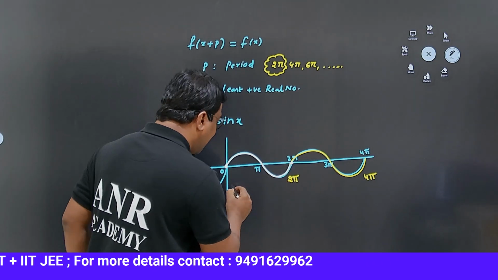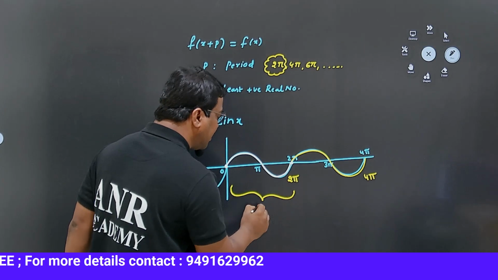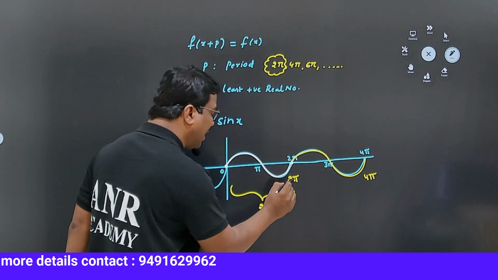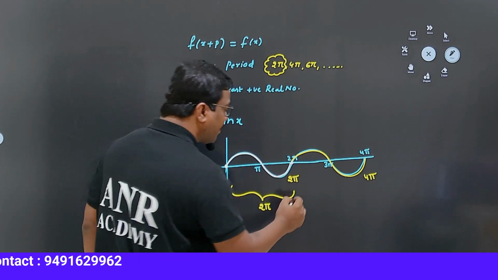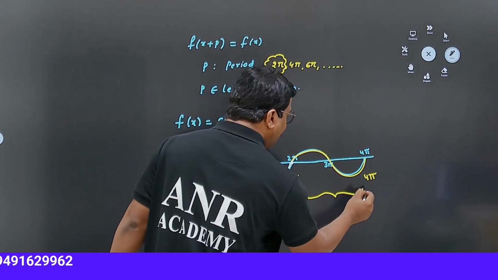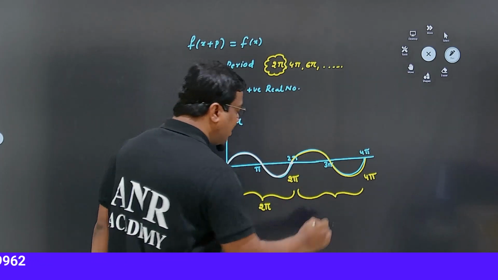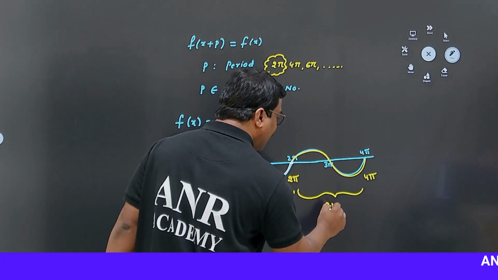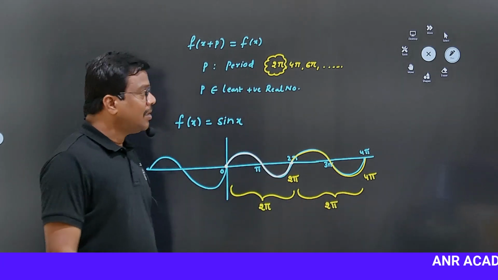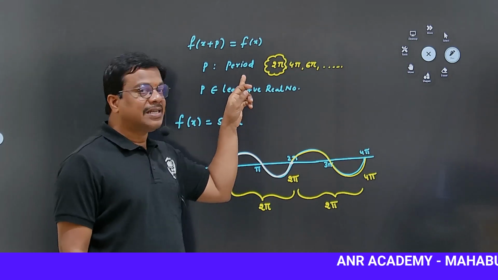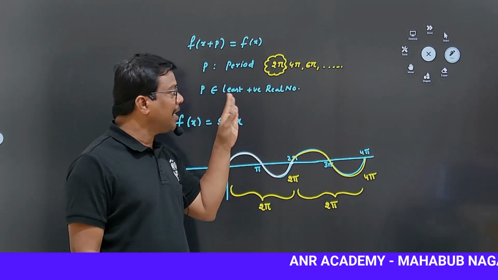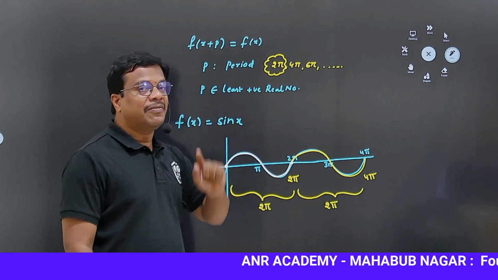This regular interval length is known as the fundamental period of the function. The gap here you have 2 pi, and from 2 pi to 4 pi the difference is 2 pi. So that 2 pi is the period of the function, and that is clearly the least positive real number period of f of x.